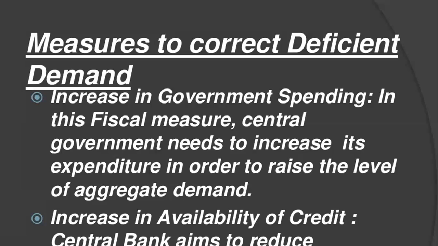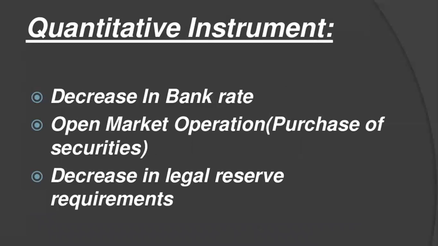Increase in money supply and the availability of credit in the market. During a deflationary situation, the central bank aims to ensure easy availability of credit and reduce the cost of borrowing money through monetary policy. Two major instruments, qualitative and quantitative, are taken. Quantitative means decrease in the bank rate.